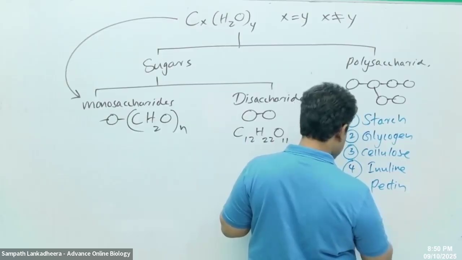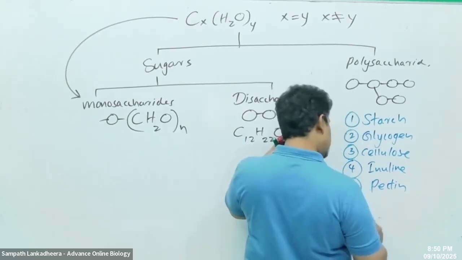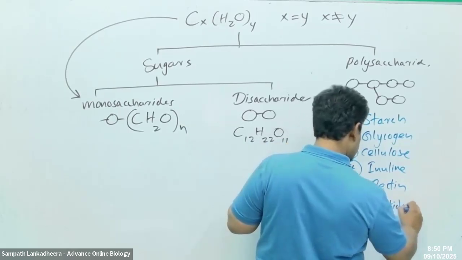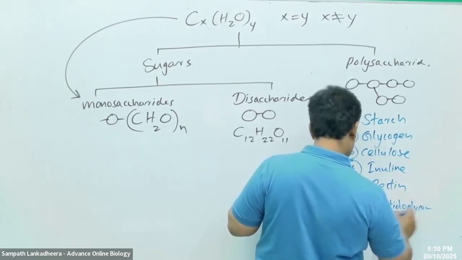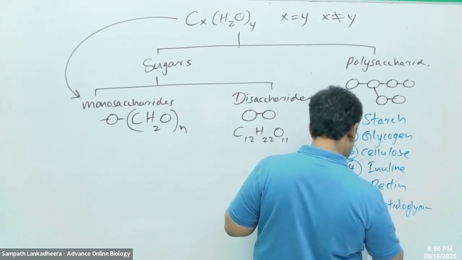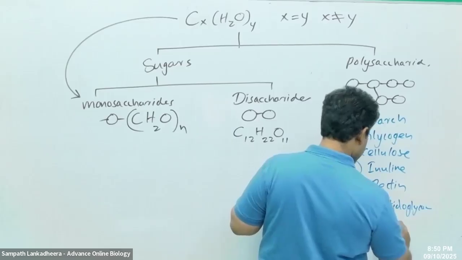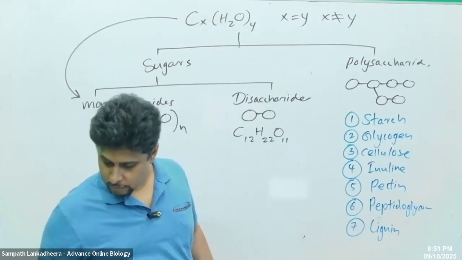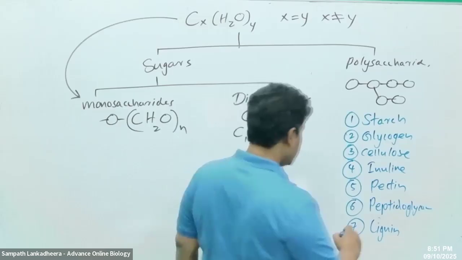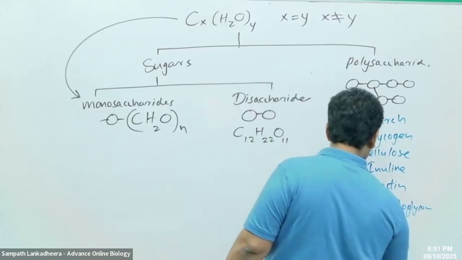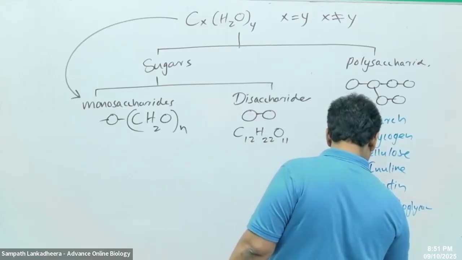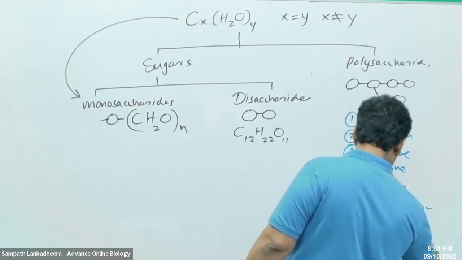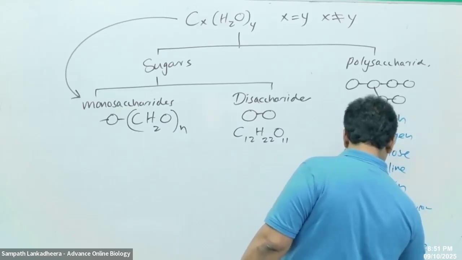What is the next one, people? Peptidoglycan, lignin. So glycogen, cellulose, inulin, hemicellulose, I missed that. Chitin also. Hemicellulose, chitin.